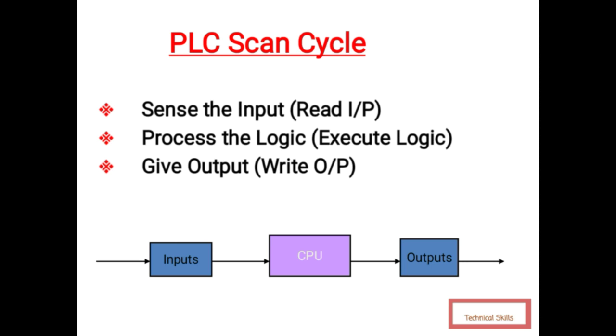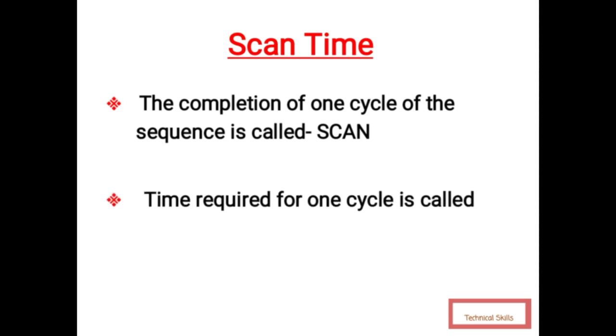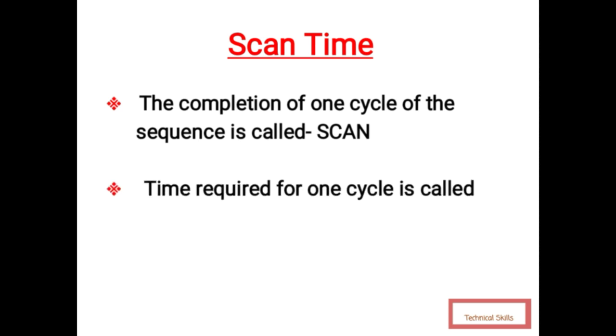These 3 points are the PLC scan cycle. Sensing the input, processing the logic, and giving the output completes one scan cycle. Next is scan time. The completion of one cycle of the sequence is called a scan, and the time required for one cycle is called scan time. It is usually from 2 to 10 milliseconds.